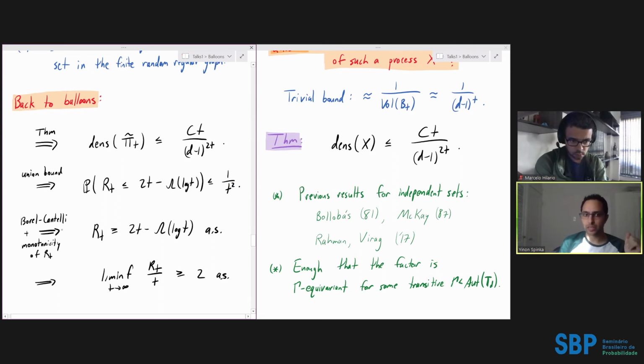Now you apply Borel-Cantelli to see that for all integer times t, this holds almost surely. And then together with monotonicity, you get that it holds for all times t, almost surely. Or all large times t, but we have this omega here. And this tells us in particular that the limit is at least 2. Remember, we know that in very large generality, it's at most 2, so actually it equals 2.